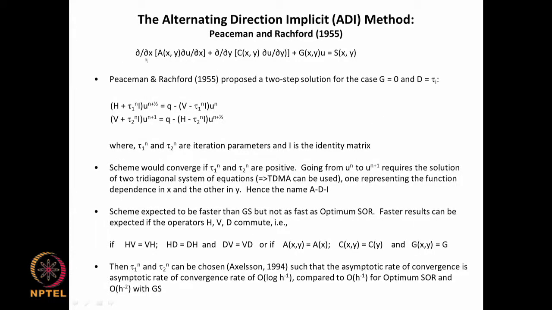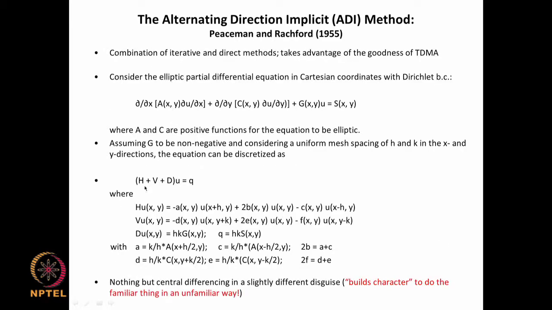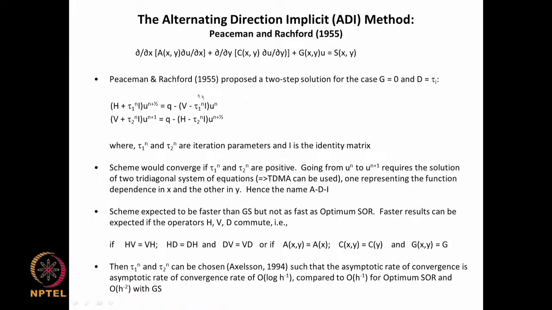So that's our equation here, and Peaceman-Rachford proposed a two-step solution for the case where g is equal to 0 and d is a constant tau I. Okay. So this discretized equation of H plus V plus D times u equal to q, they propose to solve as two separate equations in a two-step process.